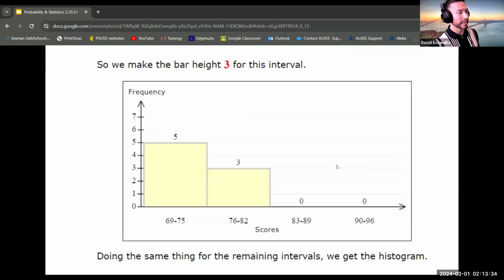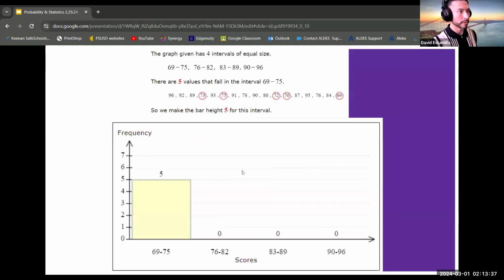And I don't know if I missed anything, but I missed 1, of course. So there are 3 values. The 3 values that fall into the interval 76 to 82 are 78, 80, and 76.